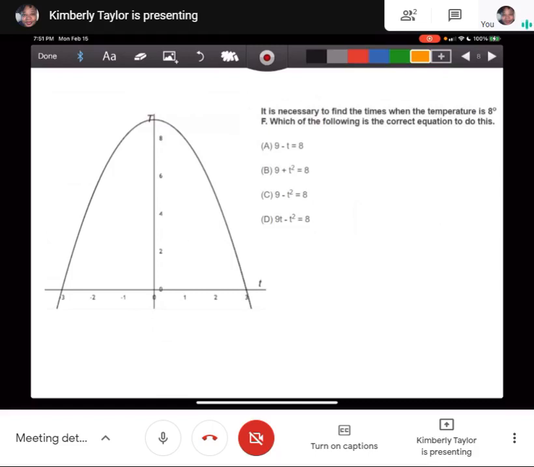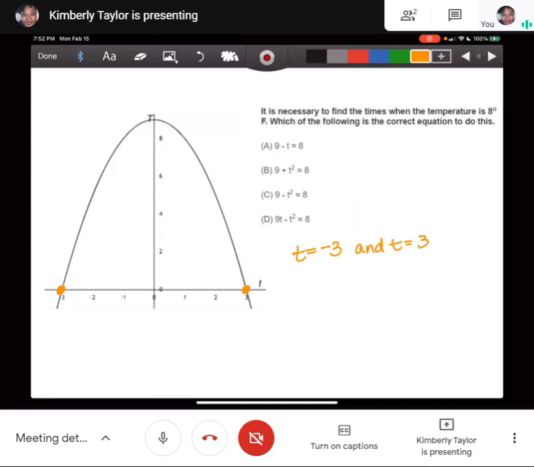I know in order to find the equation of this parabola, if I know the solutions, then I could pretty much find the equation. So the solutions to this parabola are here and here. So I know that t is equal to -3 and t is equal to 3 when capital T is 0.